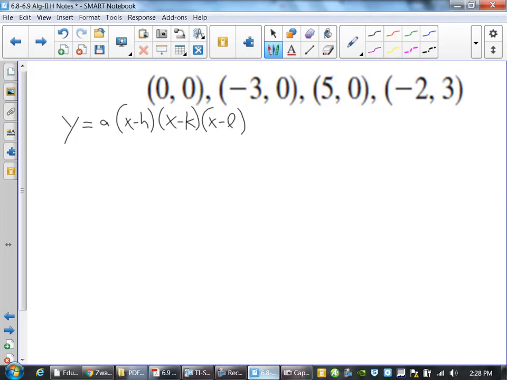I don't think the book uses that generic formula, but it makes sense by H, K, and L. We used H's and K's for zeros before. I just added L.